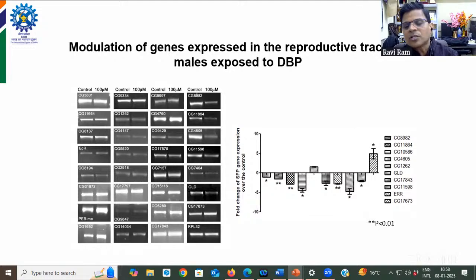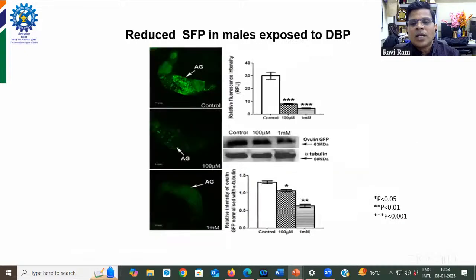So again, Drosophila genetics comes into the picture, wherein you have the seminal fluid protein, which is labeled with GFP. What you're seeing here is control with GFP labeled seminal fluid protein, and these are the ones which are exposed to the chemical, where you'll see reduced intensity of the GFP.